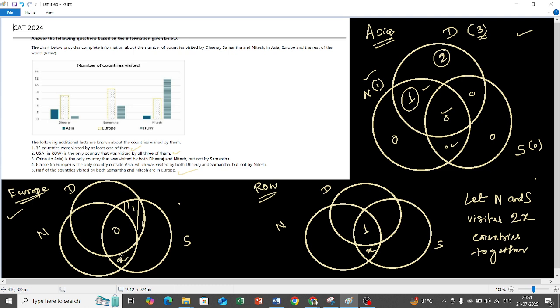So if x is over here, another x will be here, because there are no countries visited by Nitesh and Samantha that are in Asia. Samantha didn't visit any country in Asia. There is only one country in Asia that Nitesh visited, and that is with Dheeraj.